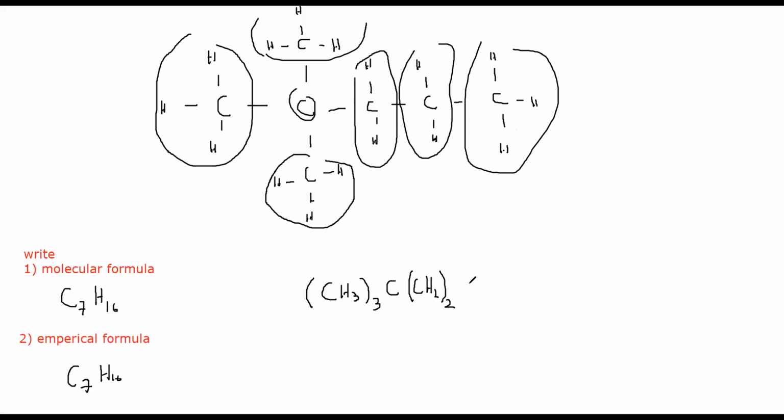And next to that is CH3. Is it clear? The structural formula of this compound.